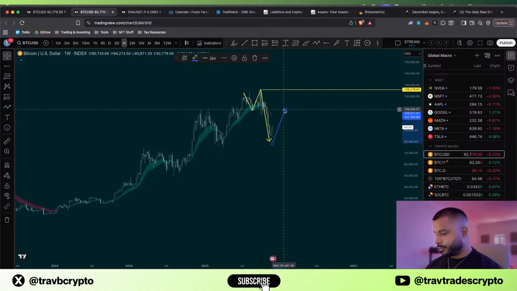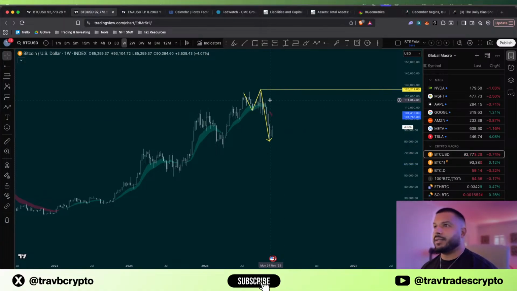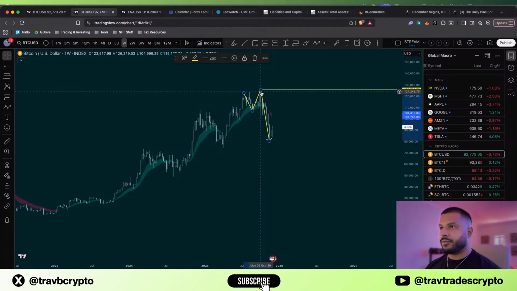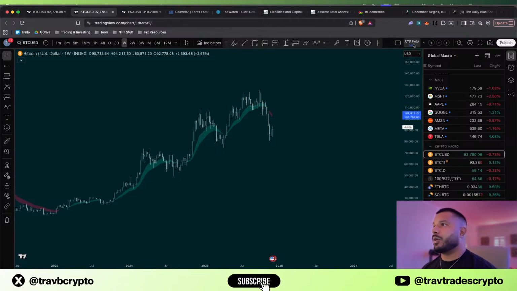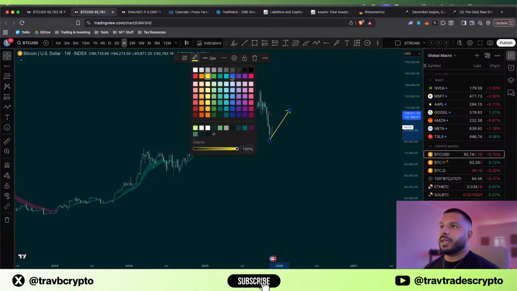Right, so that took me a little bit longer than expected, but I just wanted to cover my bias in detail, because for some of the next things we talk about, when we're looking for stronger altcoins and spotting which ones are catching rotational flows, we have to remember the context that we're just playing a counter trend rally.